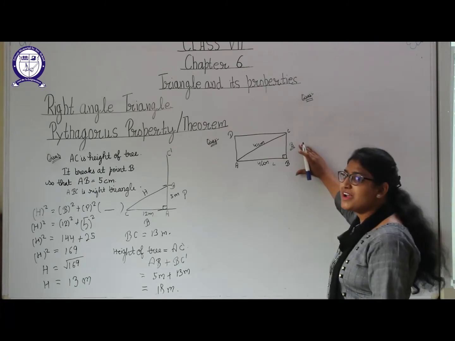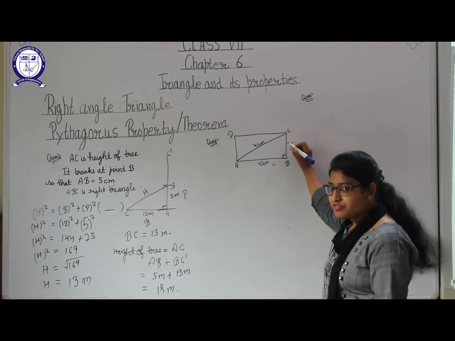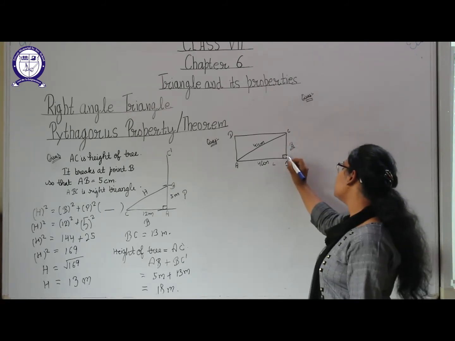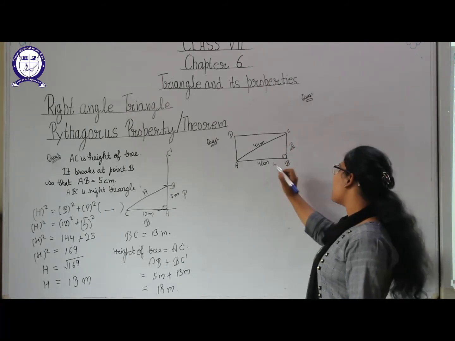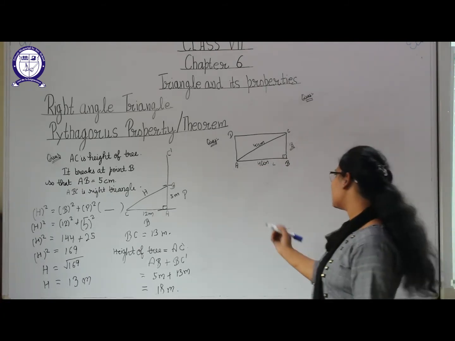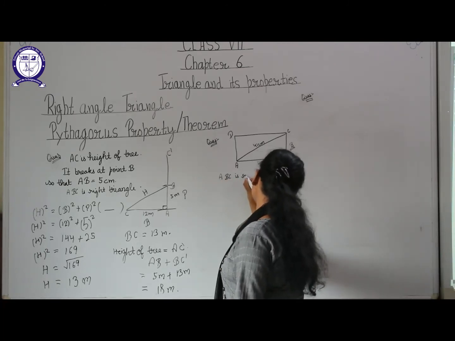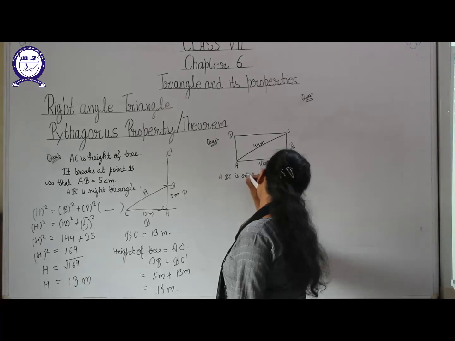So how will we find it? We know that all the angles of a rectangle are 90 degree. So here this angle B is also 90 degree. And by this we get that ABC is a right angle triangle here.